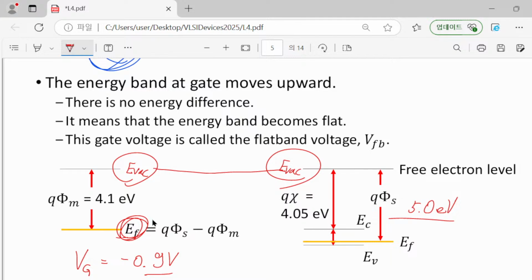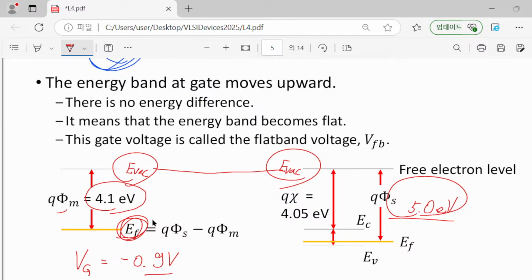If we had previously the work function difference, for example, 4 electron volt and 5 electron volt, that difference should be compensated by our additional gate voltage.